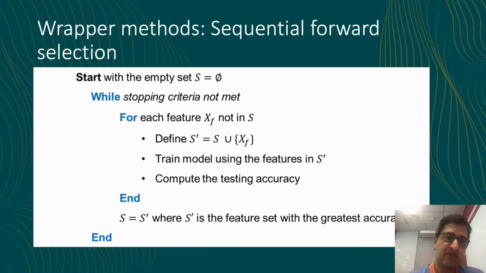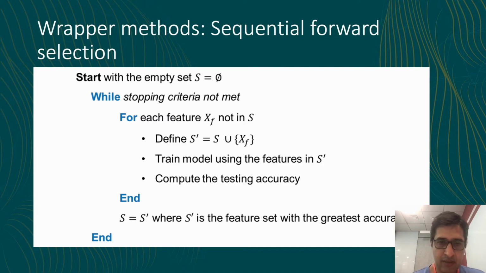As far as the sequential forward selection method is concerned, what you do is pick one feature at a time: the one feature that, at any given stage, helps you improve the model performance by the maximum.